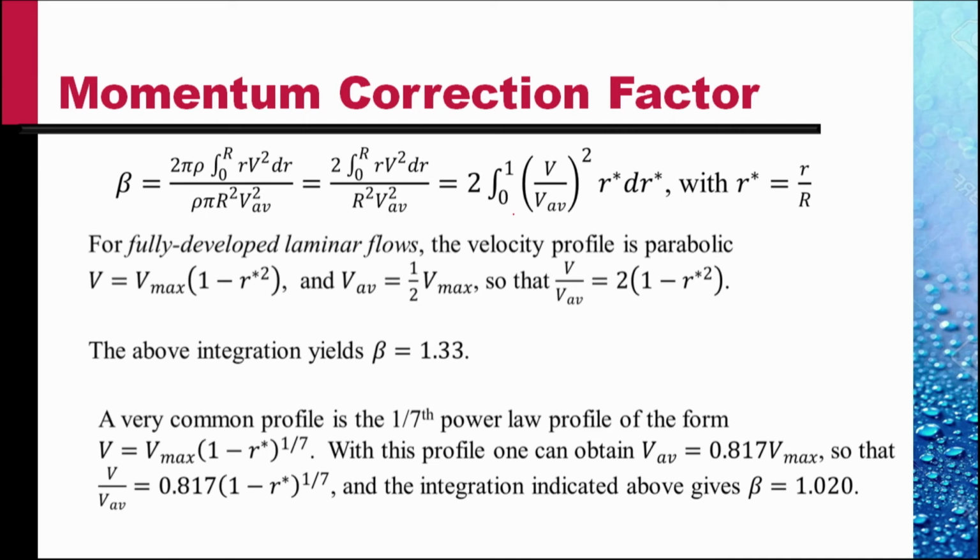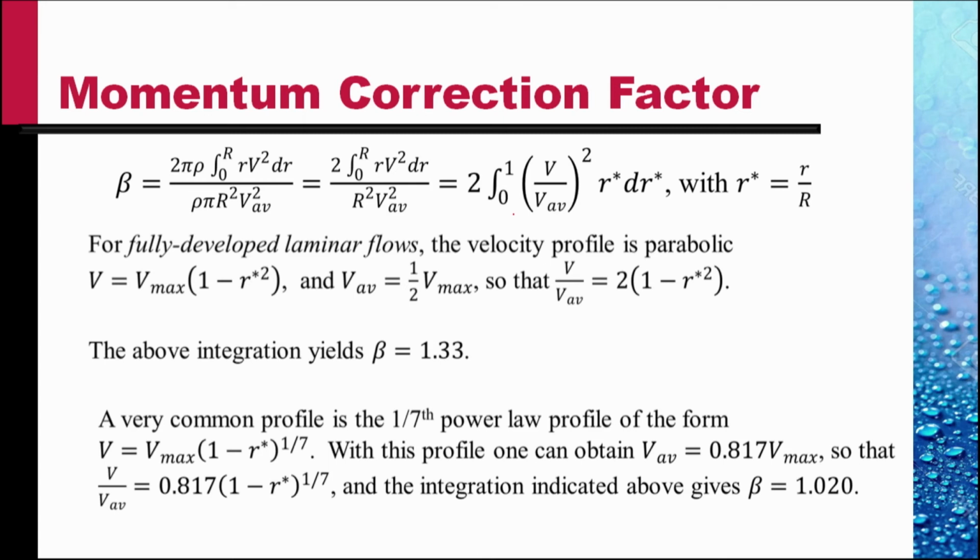This we did when we were evaluating the energy correction factor. So that v over v average is given by (1 minus r star) raised to power 1/7 divided by 0.817, and the integration above gives beta is equal to 1.020.